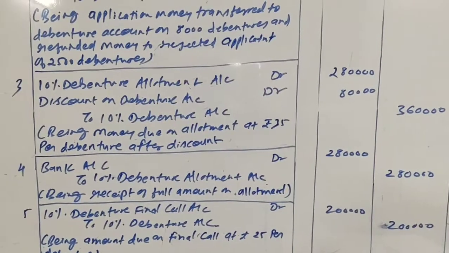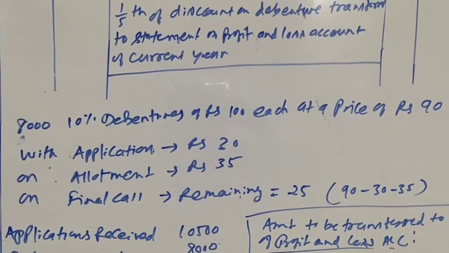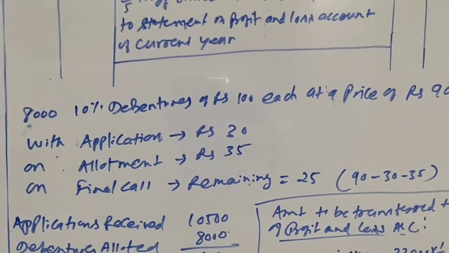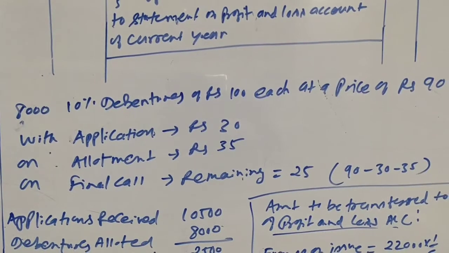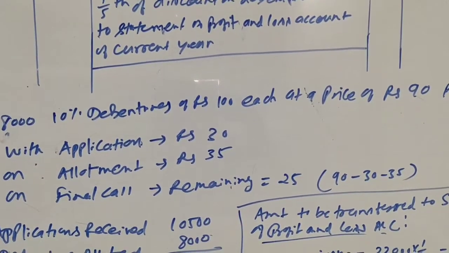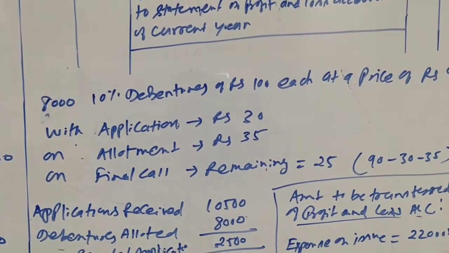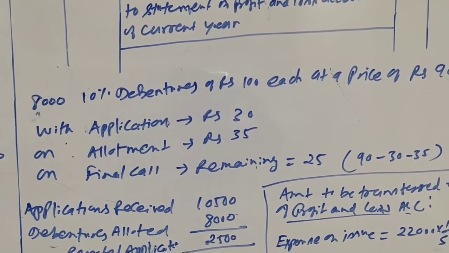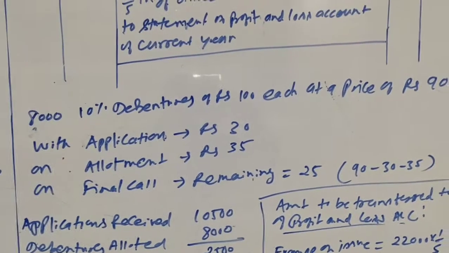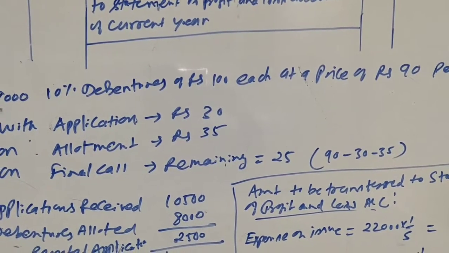Now this is the time to make the final call. As we have seen, the final call is of rupees 25, which is the remaining amount after reducing 30 and 35 from 90. So the final call of 25 rupees will be made on 8,000 debentures. So total amount will be 25 into 8,000, that comes to 2 lakhs.